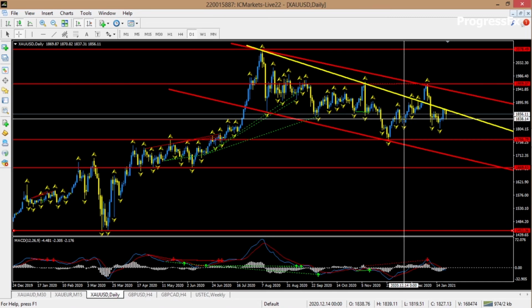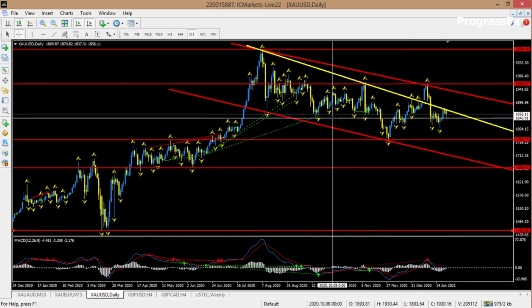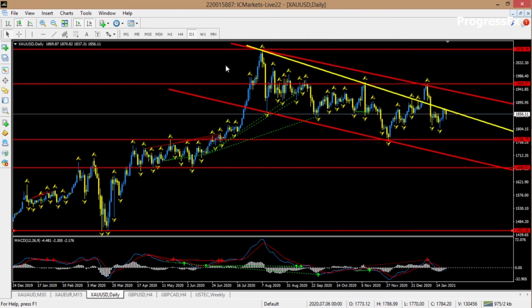You find out normally, if I am to properly analyze the market, I will add one more support and resistance line at this point.